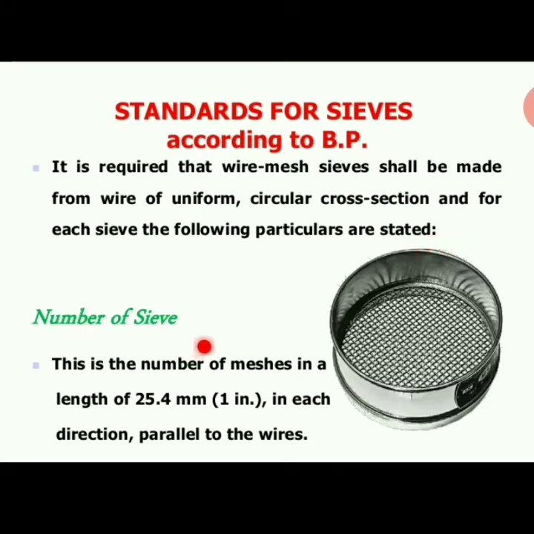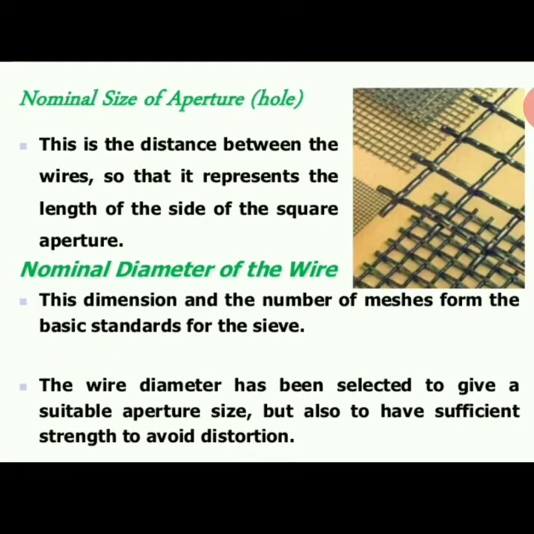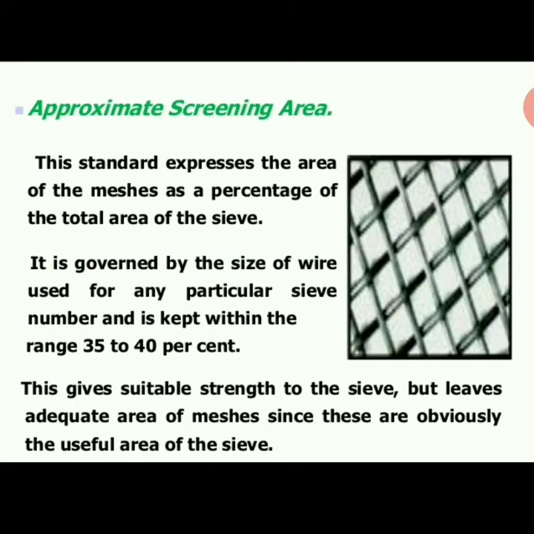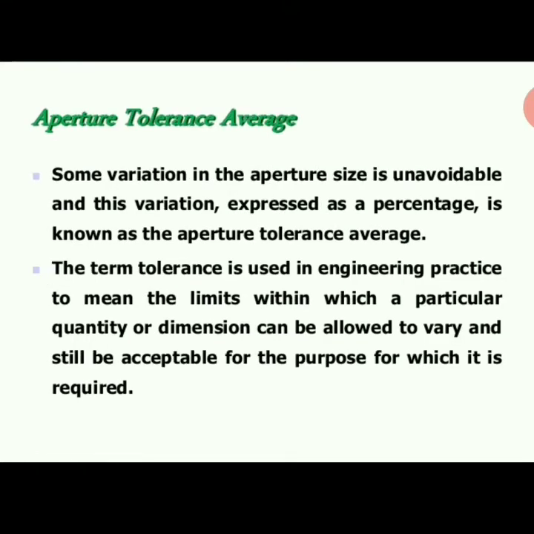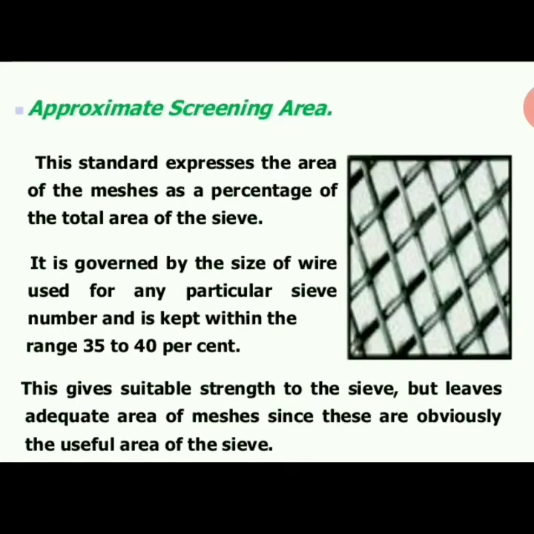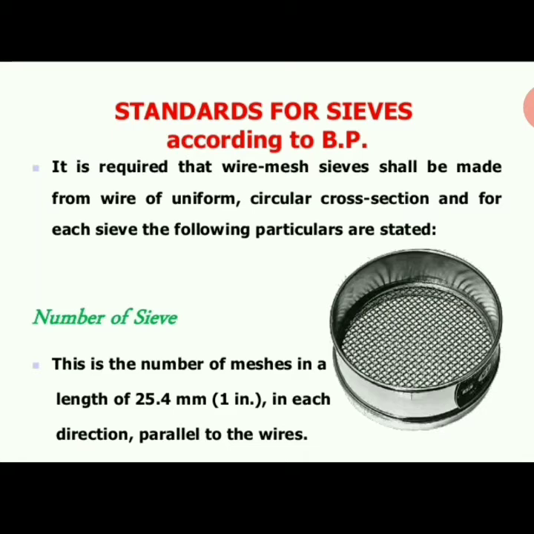It has five specifications: first is the number of sieve, second is the nominal size of aperture, third is the nominal diameter of the wire, fourth is the approximate screening area, and fifth is the aperture tolerance average. The first one is the number of sieve.